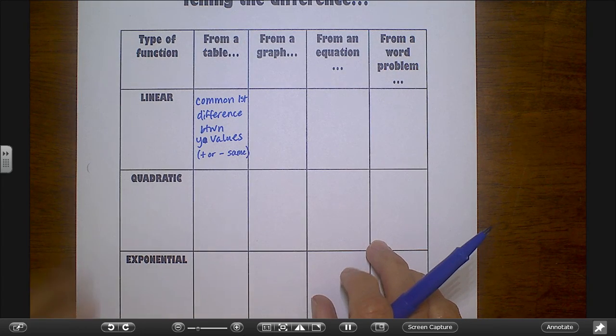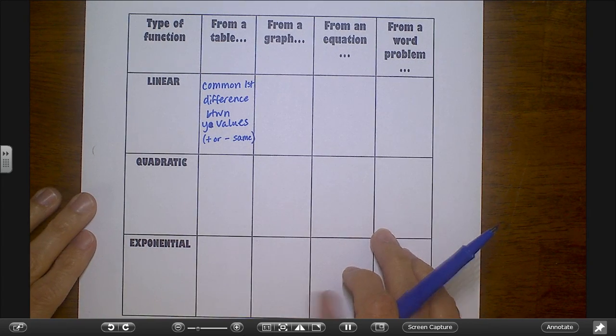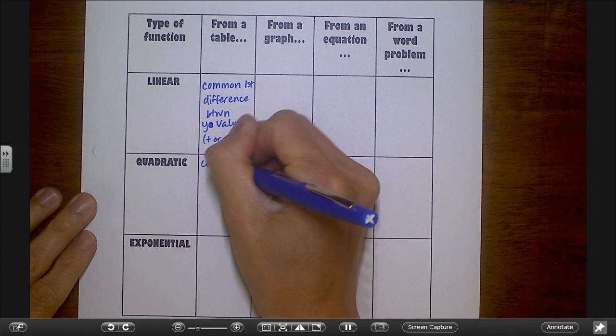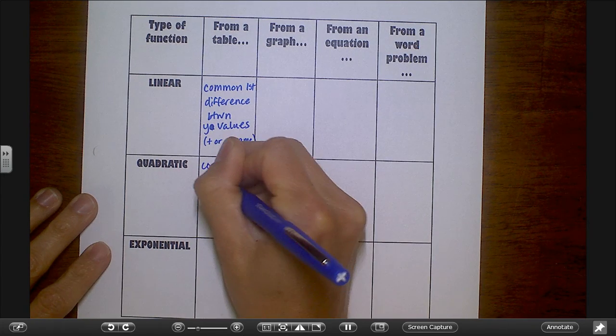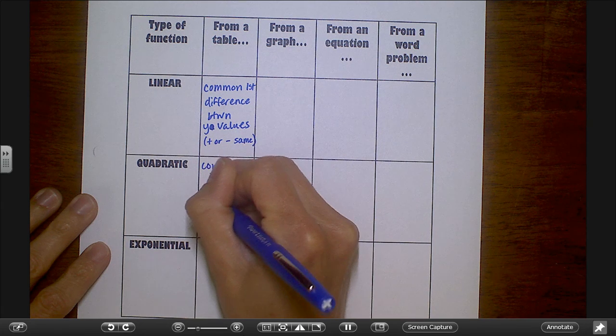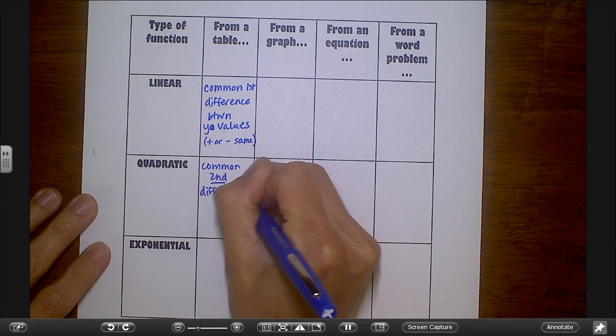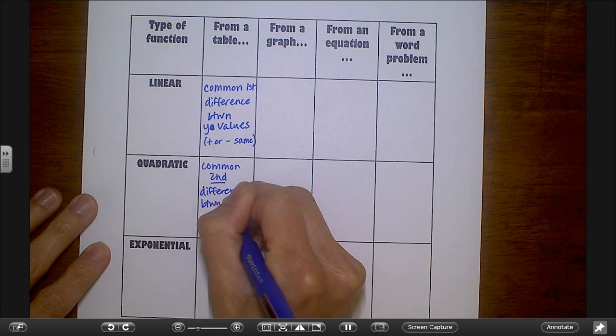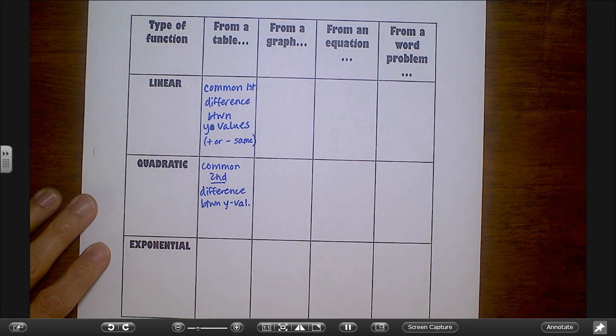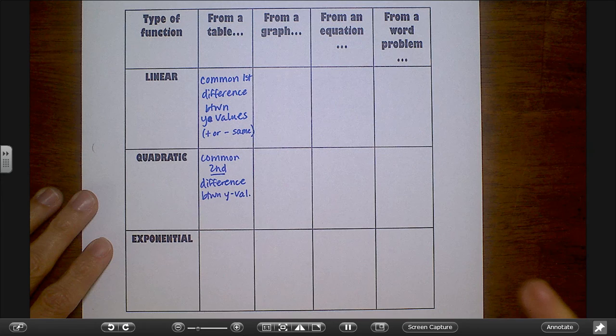So how to tell from a table whether a function is quadratic is also a common difference, but it's a common second difference between your y values. So you do the common difference once and then you do it again.